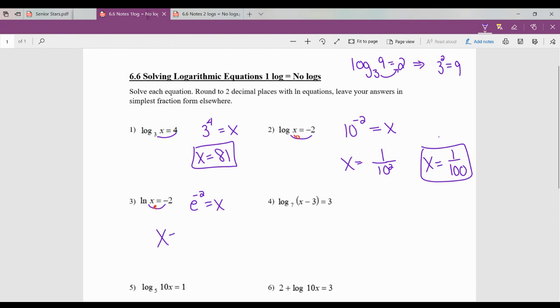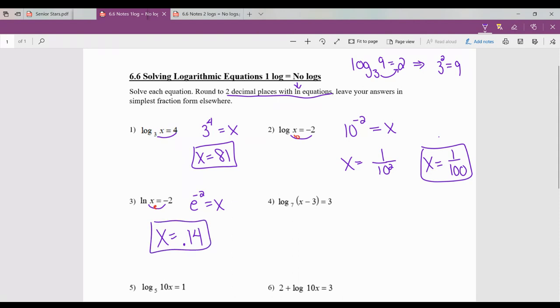So x equals, and now because this is with ln, we're going to round to 2 decimal places. I'm going to do second ln in my calculator to bring up the e button, negative 2, and I hit enter. So e to the negative 2, and I do 2 decimal places. So it's 0.135, but because it's 35, it's going to be 0.14. Final answer.